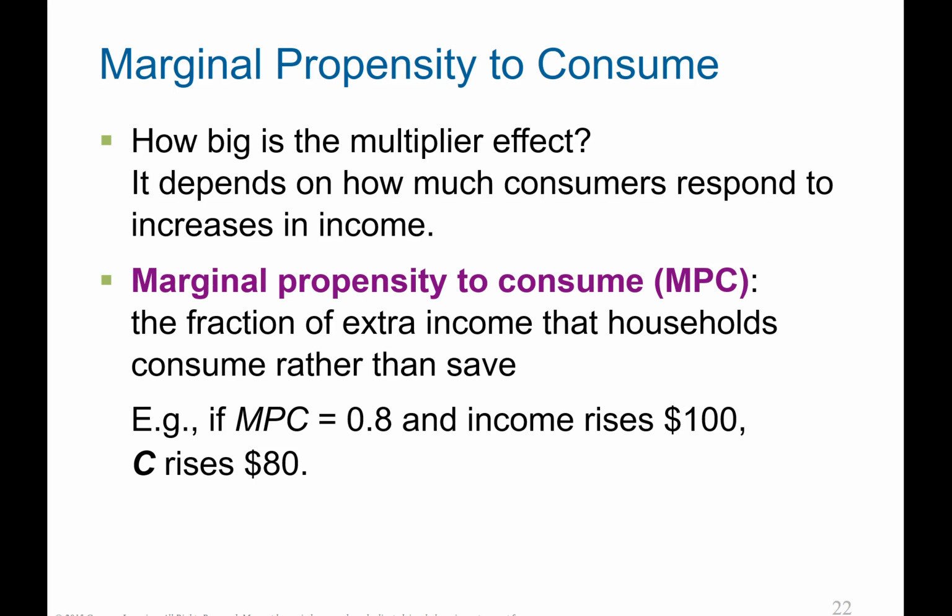Because what we're saying is we're going to save 20%, or 20 cents on the dollar, for each dollar of income, and we're going to spend 80 cents out of each dollar. And so consumption would rise by $80 for each $100 of additional income.